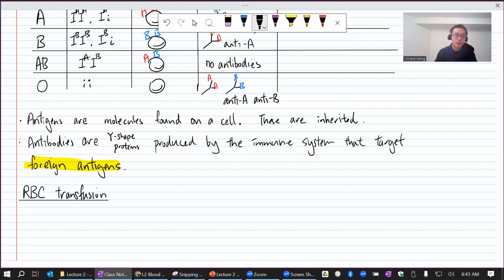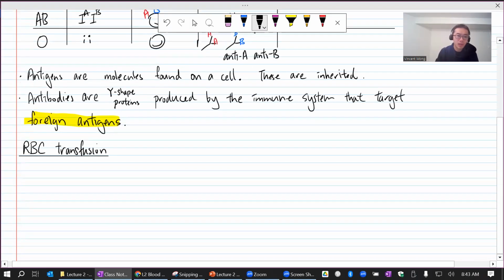So there are three things you need to ask yourself to determine whether it is compatible or not. Question number one: you have to consider the antigens on the donor's RBC. The donor is the person who is giving the blood.